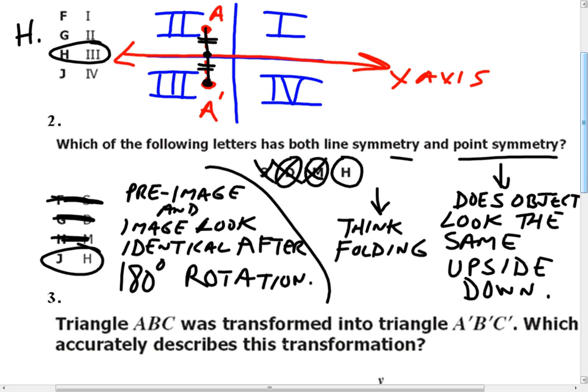That's the actual technical definition of point symmetry. It's a very specific type of rotation. It's 180 degrees. It just so happens that when you do 180 degrees, you're basically turning the object upside down. It doesn't matter where the points fall. What you want to think about is, does it look pretty much identical afterwards?